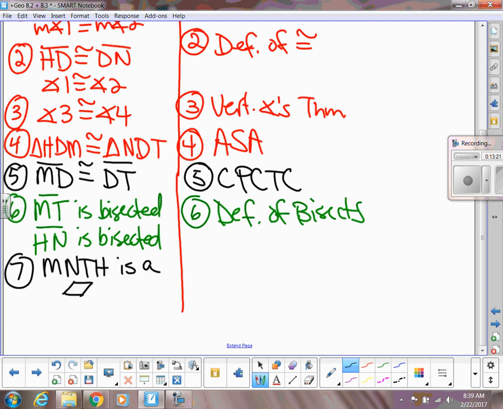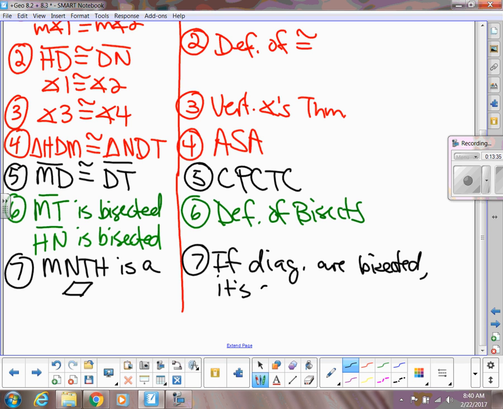So MNTH is a parallelogram. The reason we know is because if diagonals are bisected, it's a parallelogram. That's from your proof card. Okay, so this one right here is the only new reason that we would have.